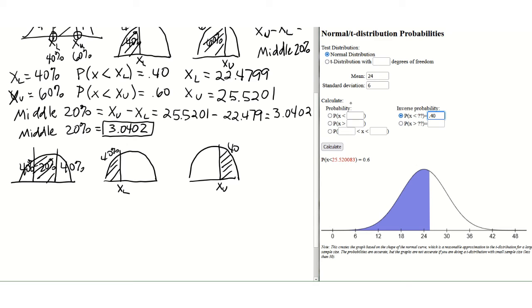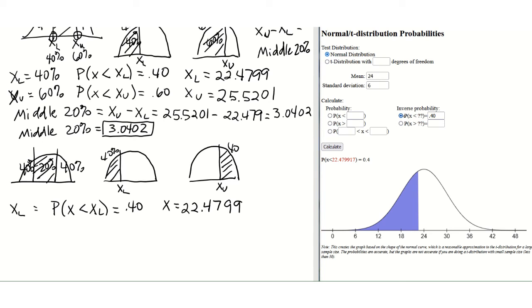So this time, to solve for that, we're going to take the probability x is less than my lower value, set that equal to 40%, and then when I plug that in to calculate, that gives me 22.4799.